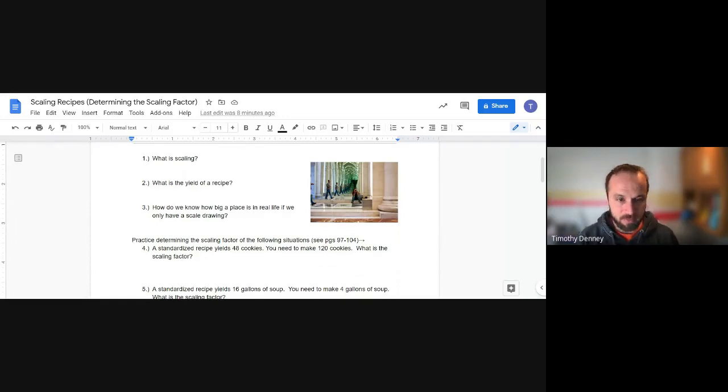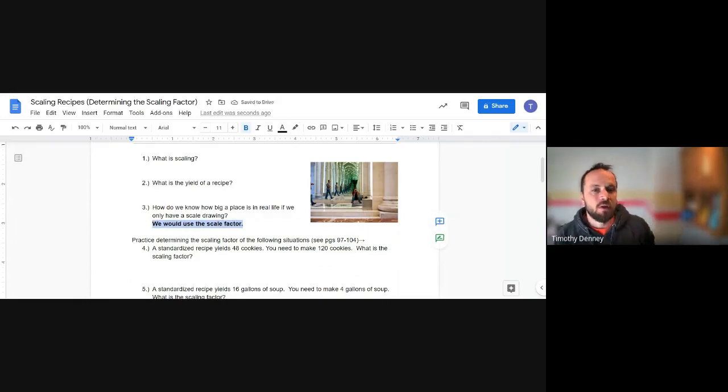What I'm just going to put simply here is we would use the scale factor. And that kind of leads us into what we're going to do next. The process of scaling a recipe, the first thing we need to find is the scale factor.